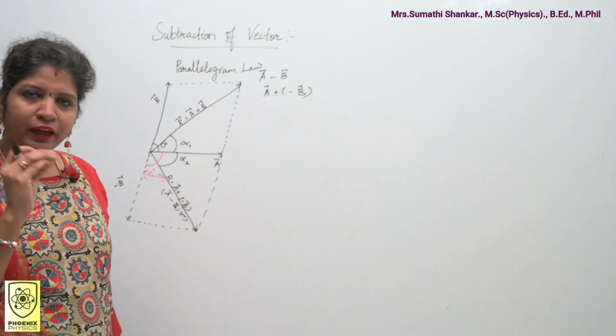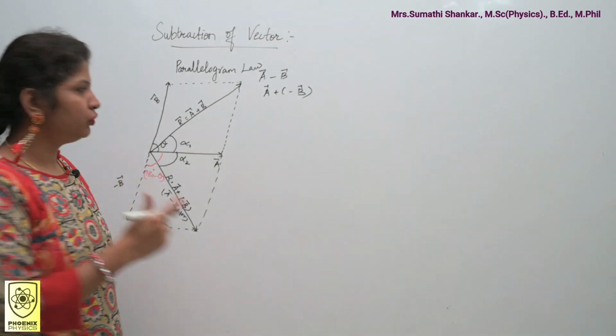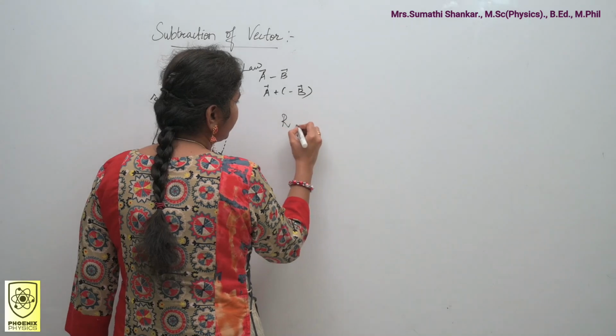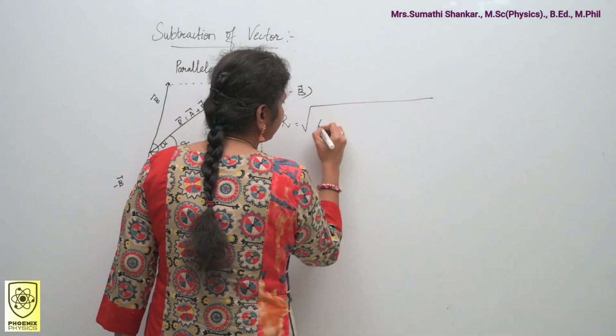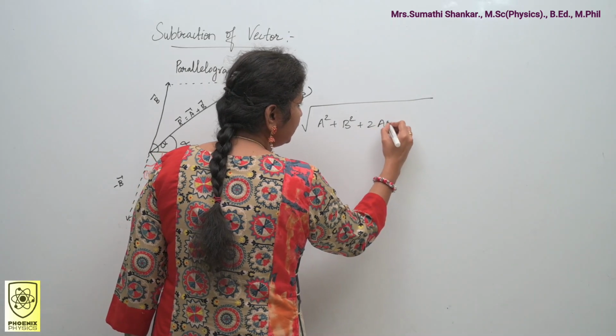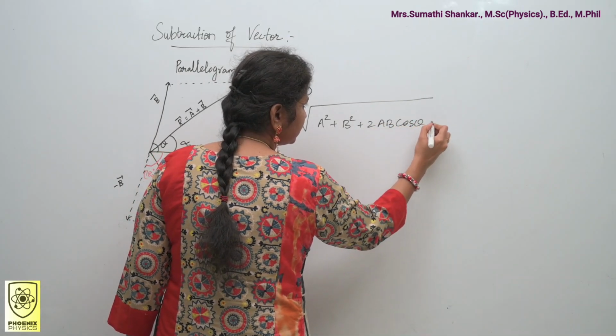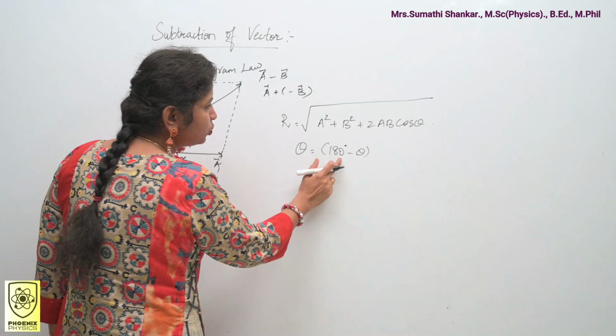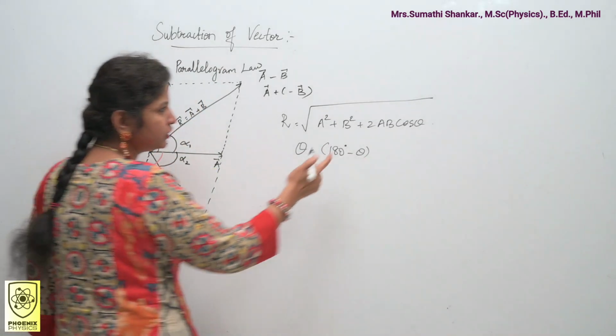You know the magnitude of the resultant vector formula, that is R is equal to root of A square plus B square plus 2AB cos theta. Instead of theta, you substitute 180 degrees minus theta in this formula.